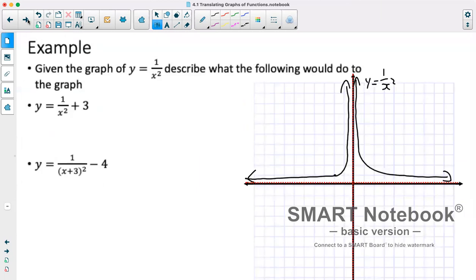Okay, example: given the graph of y equals 1 over x squared, describe what the following would do to the graph. So we have this one, and the only thing that's new is this here. So that's going to translate our graph vertically.